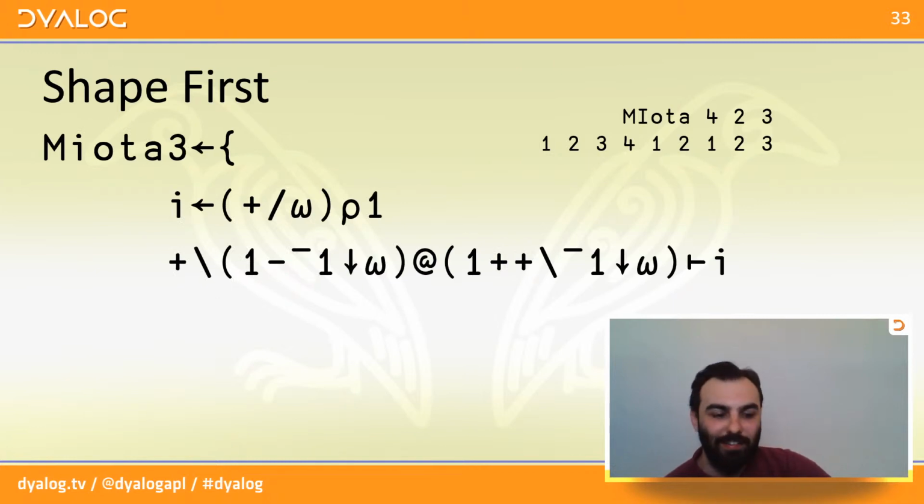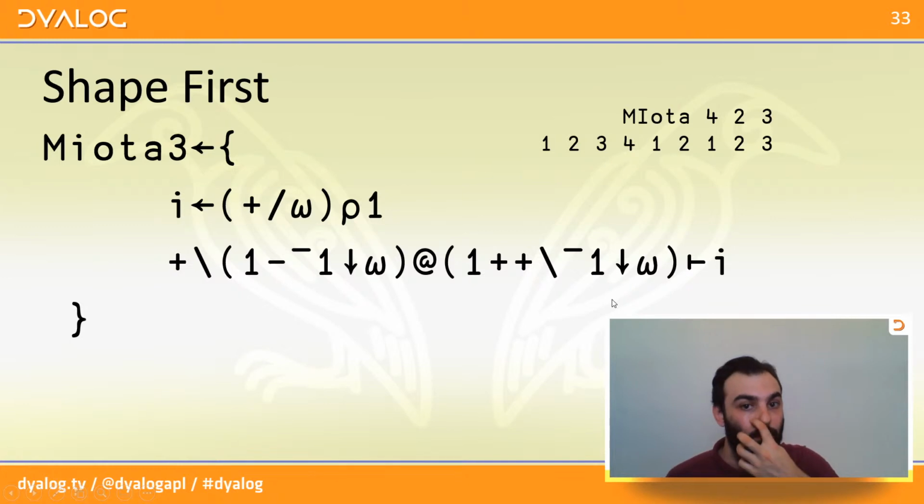I don't know why exactly, but this is the exact same thing basically, but instead of modifying I in place, we essentially merge. It's called merging. I don't know what the technical functional jargon is, but you basically generate a new array that has these new values and then do the plus scan like this.